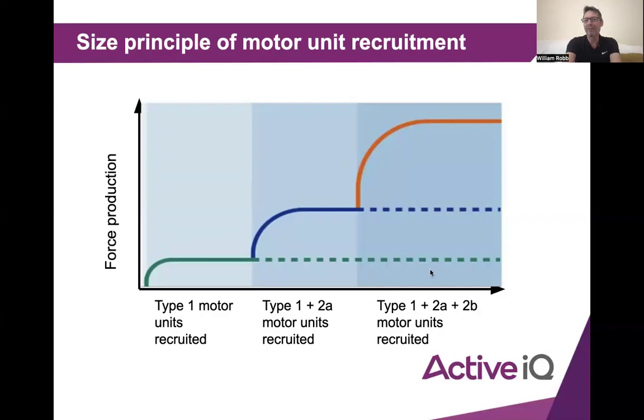Now, we don't have different color muscle fiber in our body or labels on our muscles. This is just saying that in order to recruit a larger amount of force, your body will need to recruit a larger amount of motor units. So here, type 2B, type 2A, and type 1.